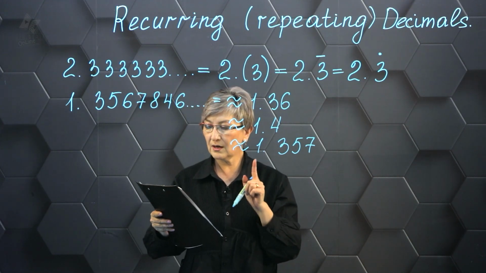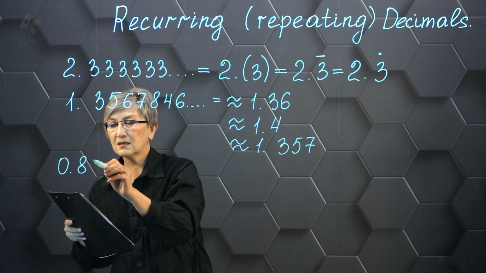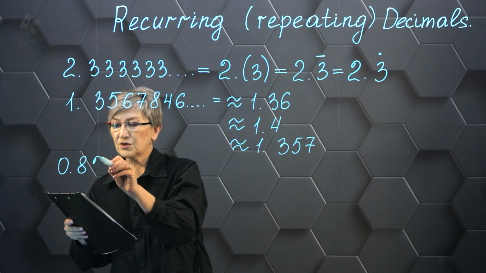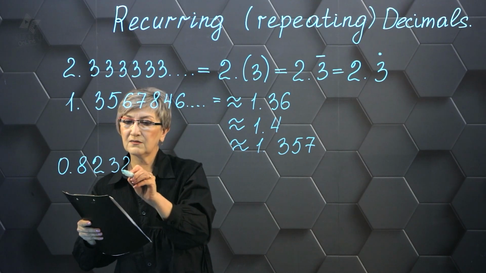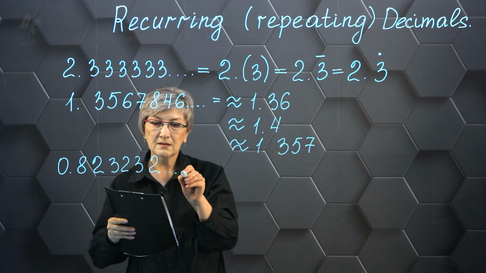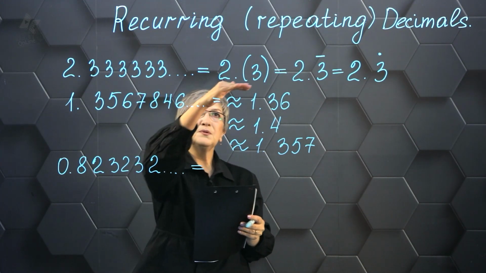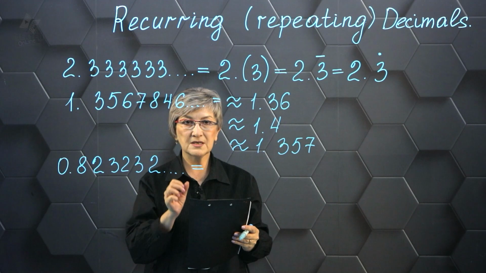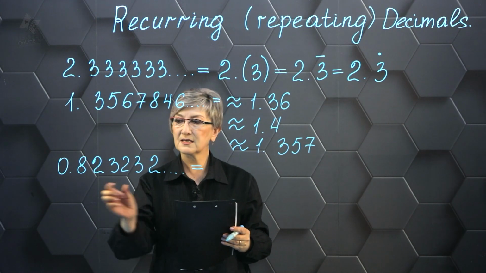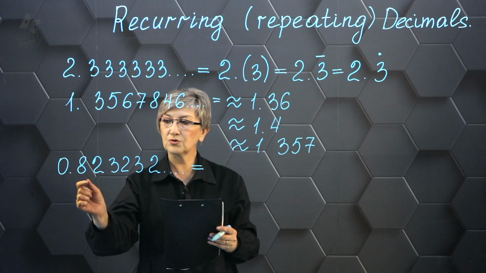The next number we're going to write down is 0 integers, and after the decimal sign, 823232. This is the number we need to write down in the form of a period. But to do this, we need to determine which digit or set of digits is repeated. Let's look at our notation after the decimal point.